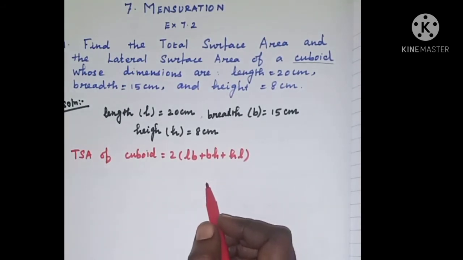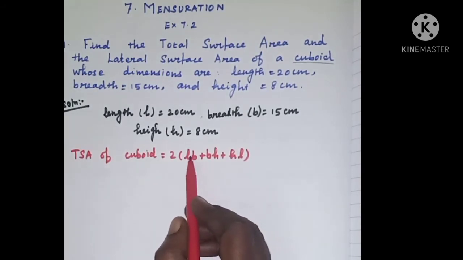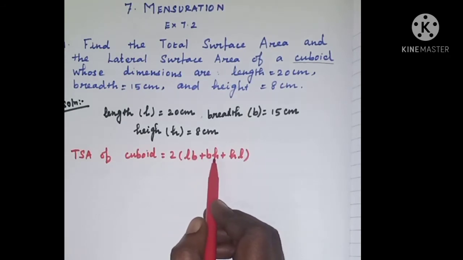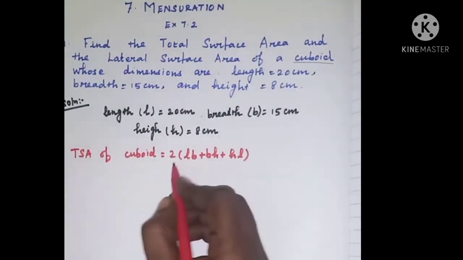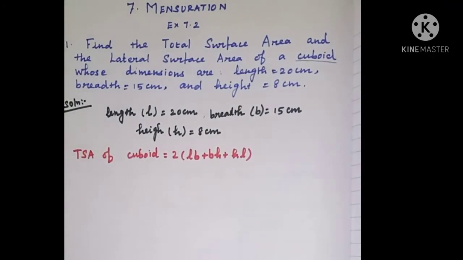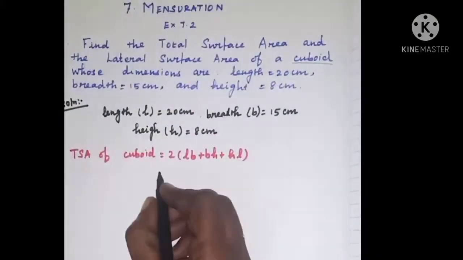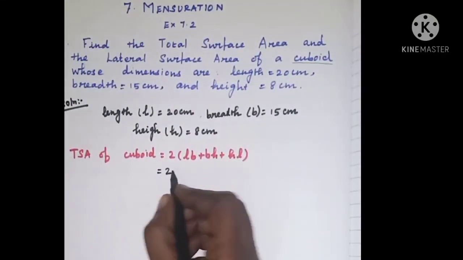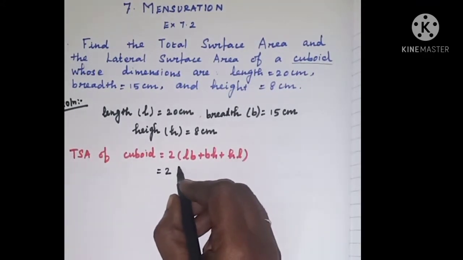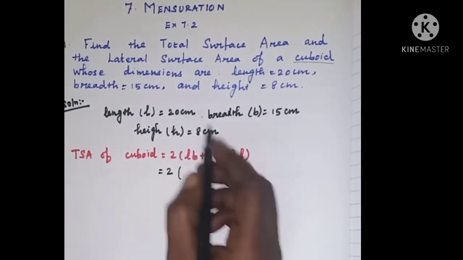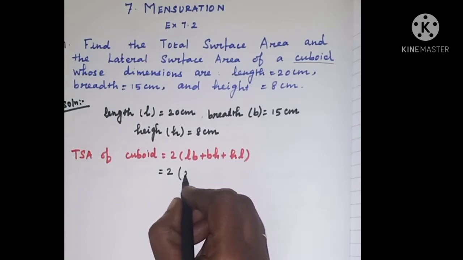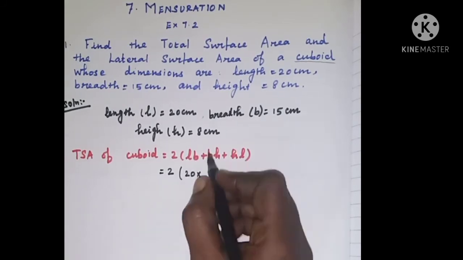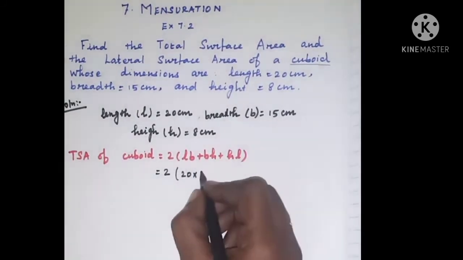Now we have to substitute the values of L, B, H in this formula. So TSA of the cuboid is equal to 2 into, what is the value of L? L is 20. So 20 into, what is the breadth B? B is 15.